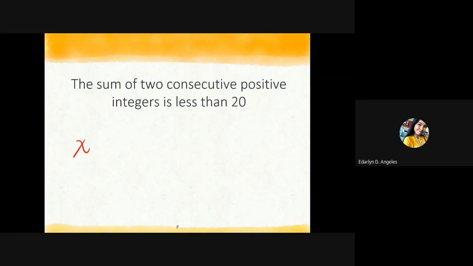So since our first positive integer is x, pertaining, for example, to 1, how do we get the 2? Because it's 1, 2, 3, and so on. So meaning to say the next consecutive positive integer is x plus 1. So that when we add 1 to the value of x, which is 1, the answer is 2.